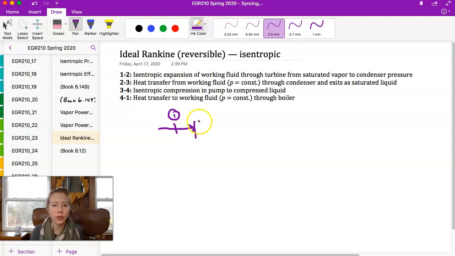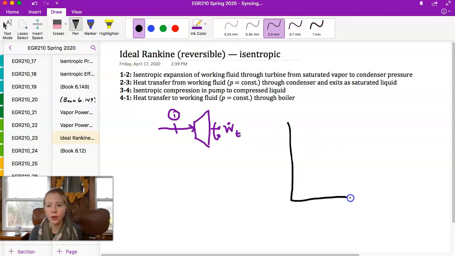So here we're going through a turbine. This is our turbine. We have some work output. This is the power output from the turbine. And let's also draw it as we go on a TS diagram. That's a temperature-entropy diagram.